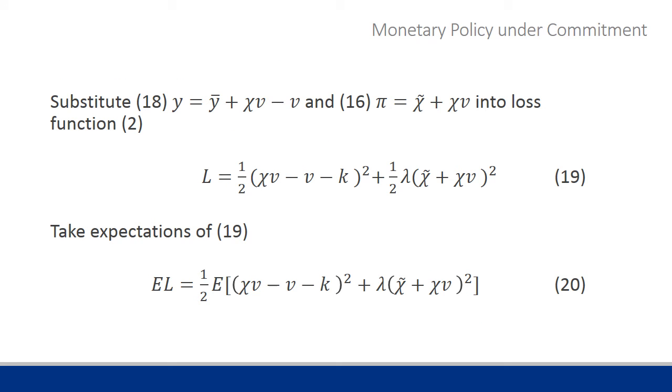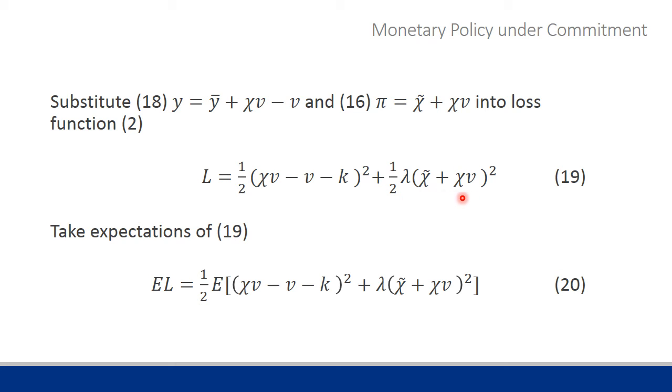Now we can take our adapted aggregate supply equation, equation 18, and our monetary rule, equation 16, and put those into the loss function. Remember, our loss function was L is equal to half times (y minus y tilde) squared plus half times lambda times pi squared. This becomes L equals 1 half times (phi v minus k) squared, where the k comes from y tilde minus y bar, plus half times lambda times pi squared.